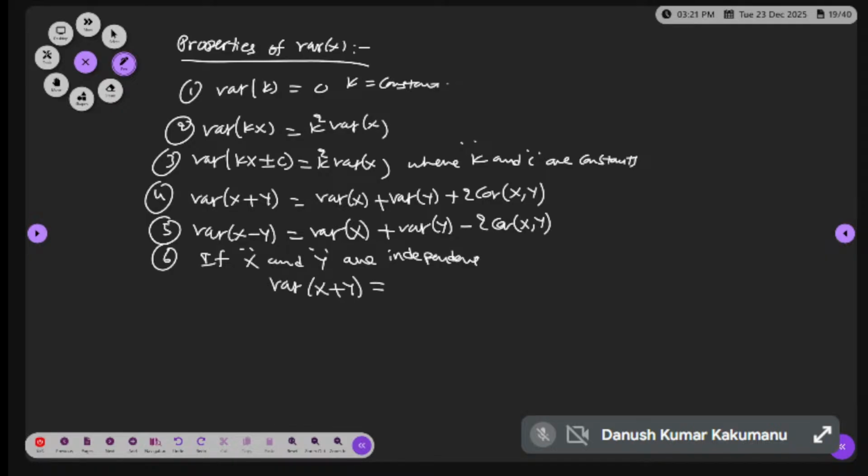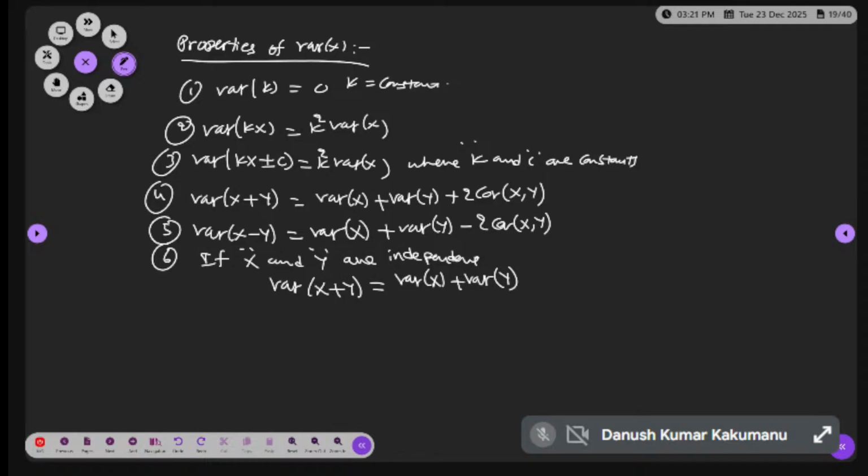If x and y are independent, variance of x plus y is variance of x plus variance of y. Otherwise, variance of x plus y is variance of x plus variance of y plus 2 covariance xy. Variance of x minus y is variance x plus variance y minus 2 covariance.